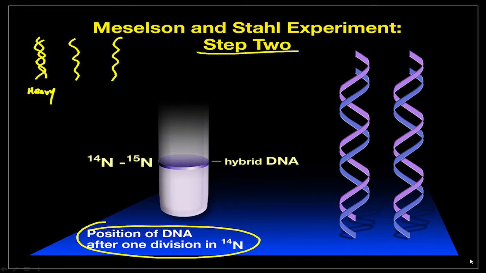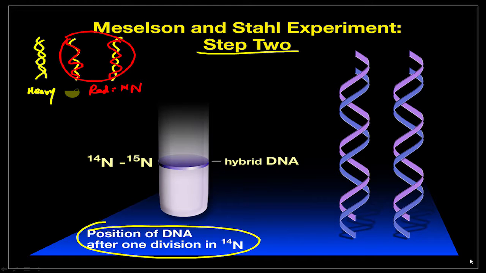But now the light nitrogen is going to be incorporated when the DNA goes to copy itself. Let's draw that in red. So just like we did before, sorry, I can't draw helices too well, we're going to see half and half. And doesn't that mean that if the yellow is heavy and the red is 14N light, these molecules are going to have a density right in the middle between 14N and 15N, right?